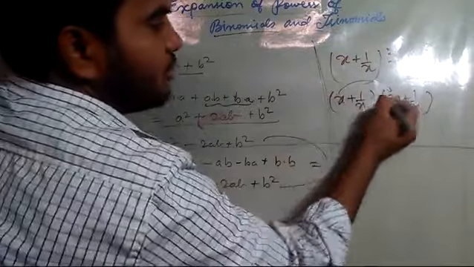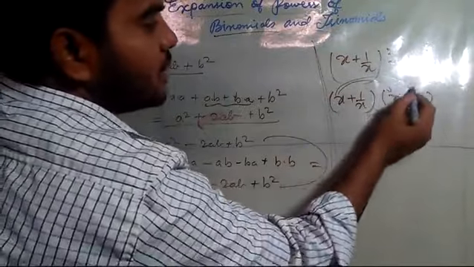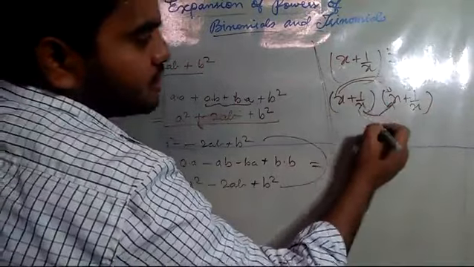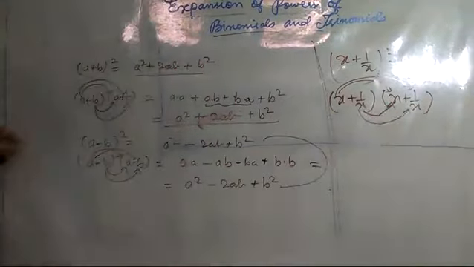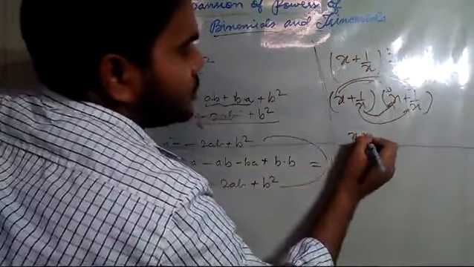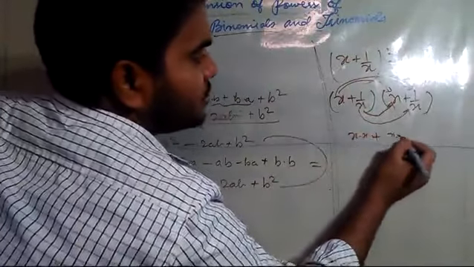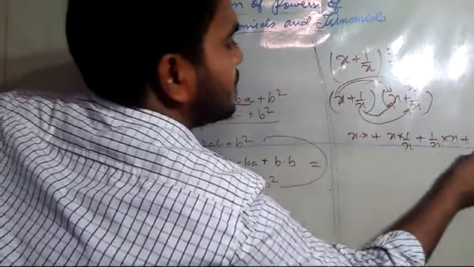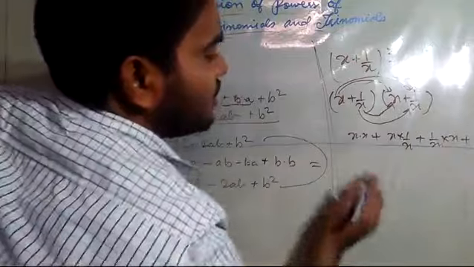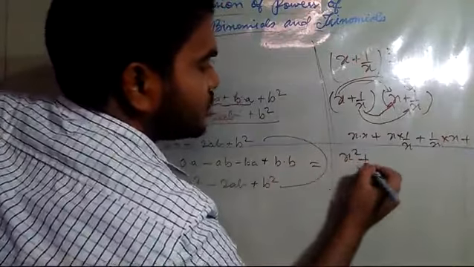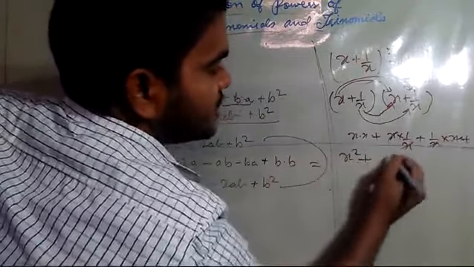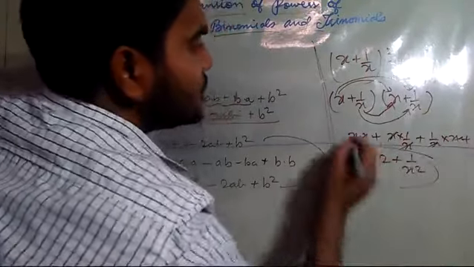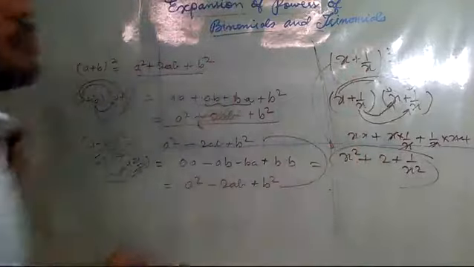So first term multiplied with first term, first term multiplied with last, second term multiplied with first, second term multiplied with last. So it will be x into x plus x into 1 by x plus 1 by x into x plus 1 by x into 1 by x, which means x square plus x cancelled. So 1 plus 1 is 2 plus 1 by x square. So this will be the direct formula for this.